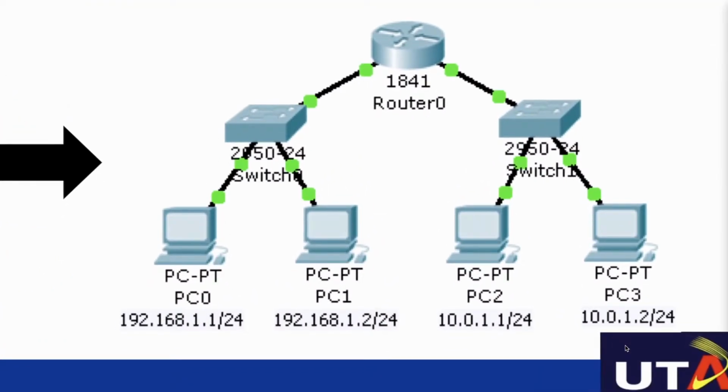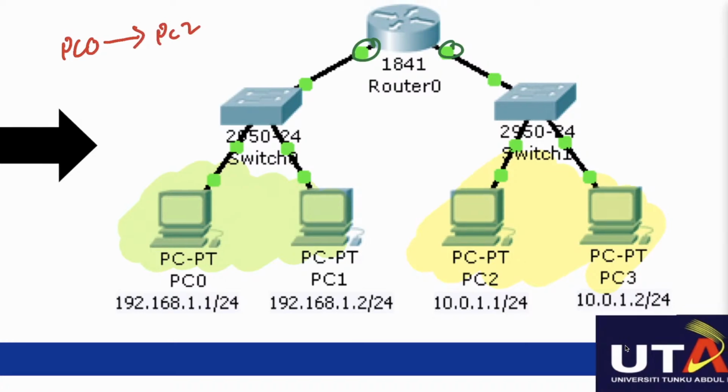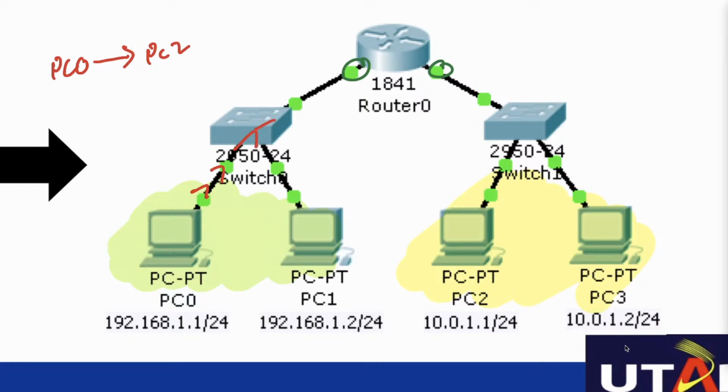You see, this is PC. Earlier we have again two networks here. So the trick is that you want to connect them to a router, and then with this design, now they can talk to each other. So for example, let's say PC0 tries to talk to PC2. Now this time the packet will go to the switch.